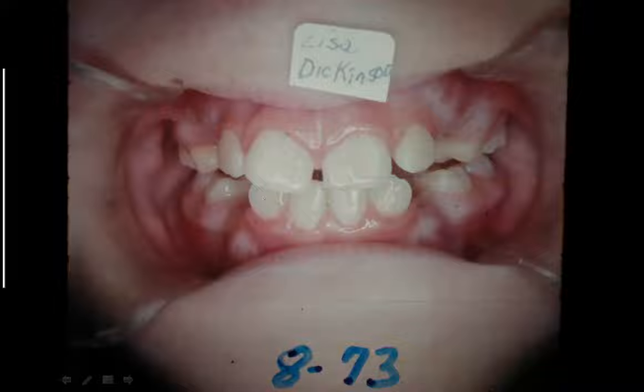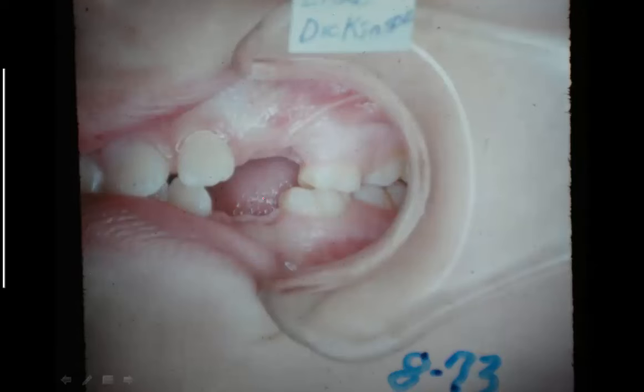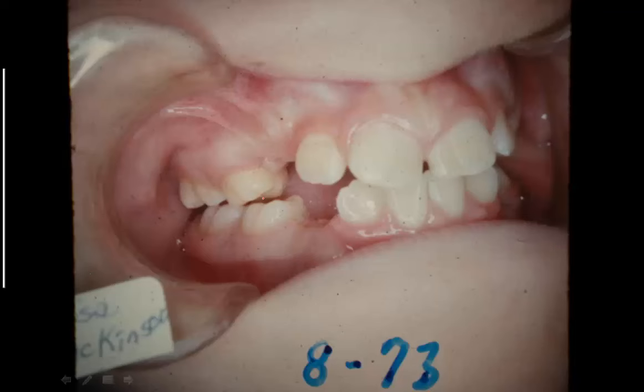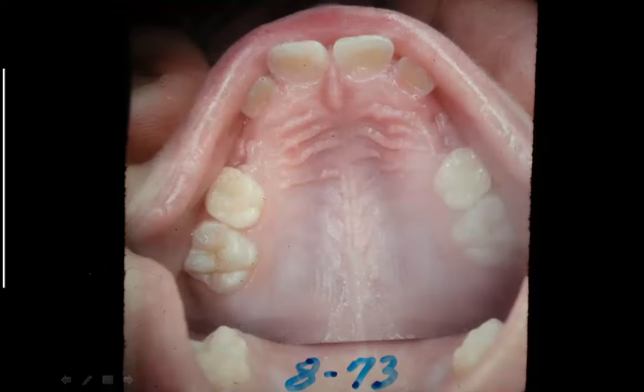So here's what actually happened here. We took the baby teeth out, and then we came in and took the permanent teeth after they erupted a little bit further into the mouth. We removed the permanent teeth also.